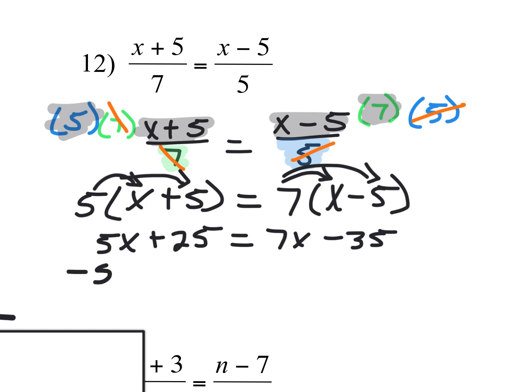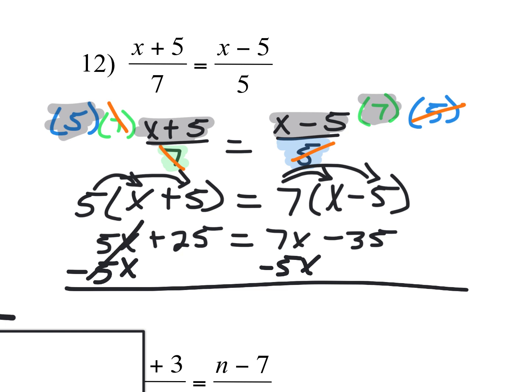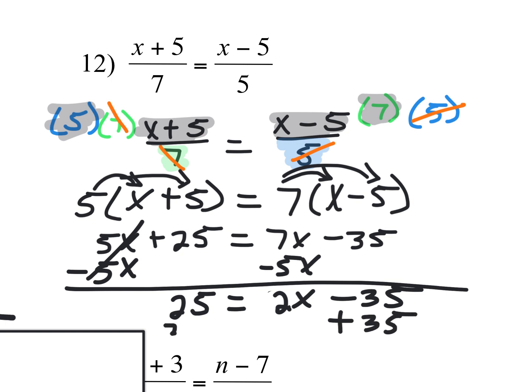I'm going to choose a variable to eliminate. I'm going to get rid of that 5x with a minus 5x. That's going to cancel and leave me with 25. I did it on one side, so I have to do it on the other side as well. So I subtracted that 5x. Now we're just going to do what we did before. I'm going to isolate the variable all the way.